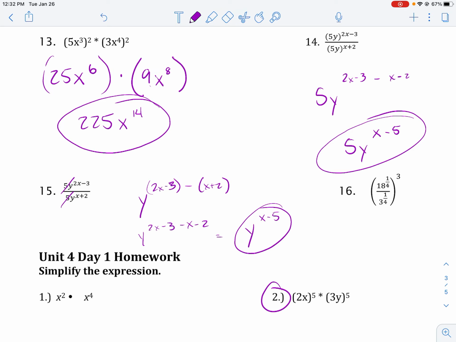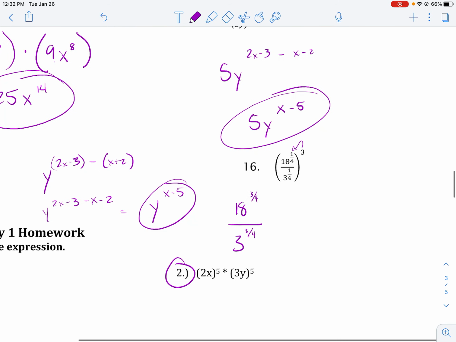And in this one, oof, okay, looks like we got fractions for exponents. That's all right. Multiply this in, multiply this in. So we're going to get 18 to the 3/4 divided by 3 to the 3/4. Okay, so again, ooh, this is a good one.